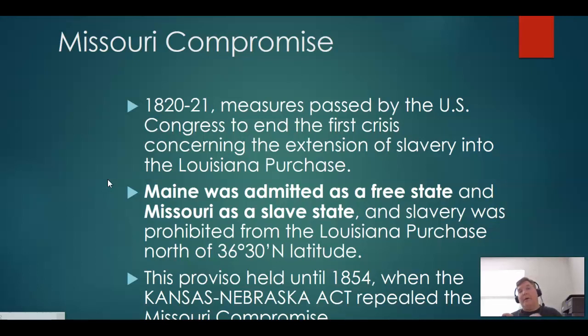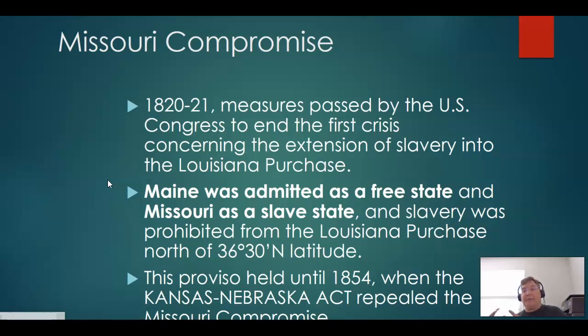Well, now we've got this issue over slave states and free states. And if Missouri comes in as a slave state, the slave-holding states are going to have an advantage in Congress. They're going to have 2 more votes than the free states. So what do we do? Well, we broker a compromise.